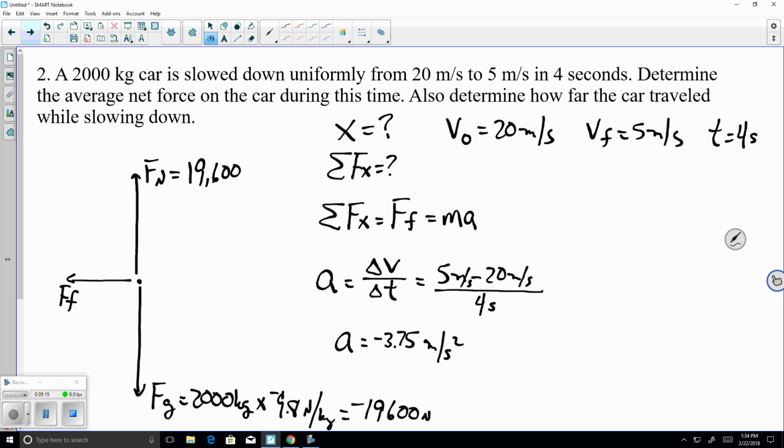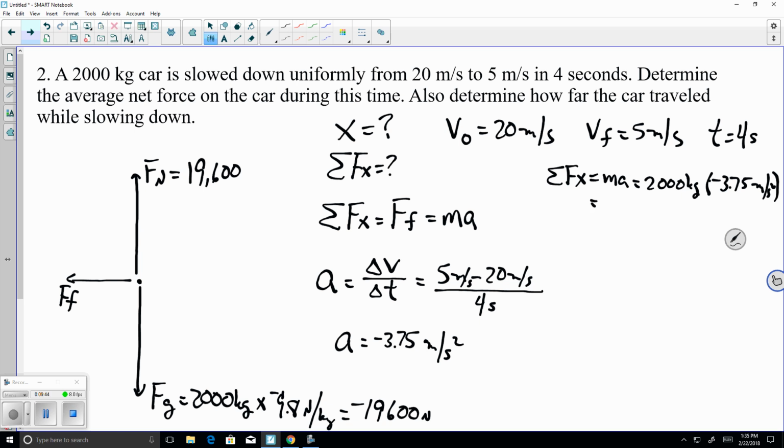All right? Now, I've got the acceleration, so I can go find the unbalanced forces, using the force equals ma equation. So that was 2,000 kilograms times minus 3.75 meters per second squared.